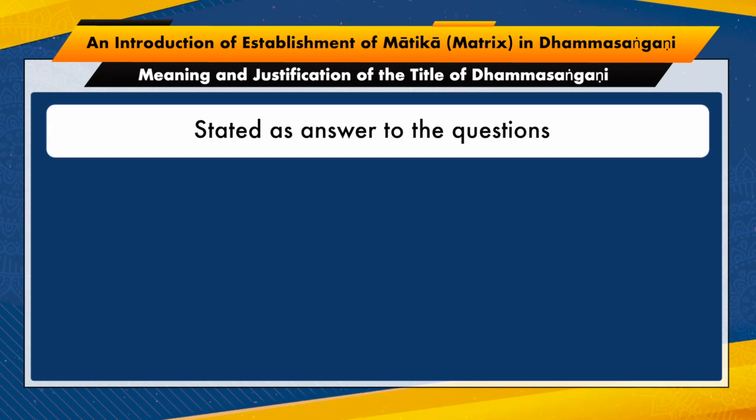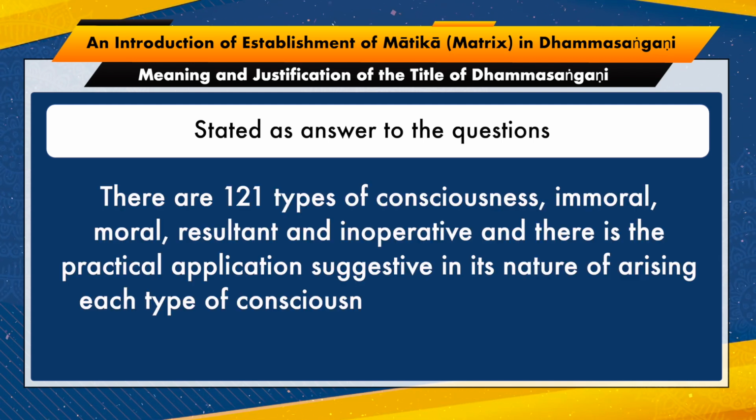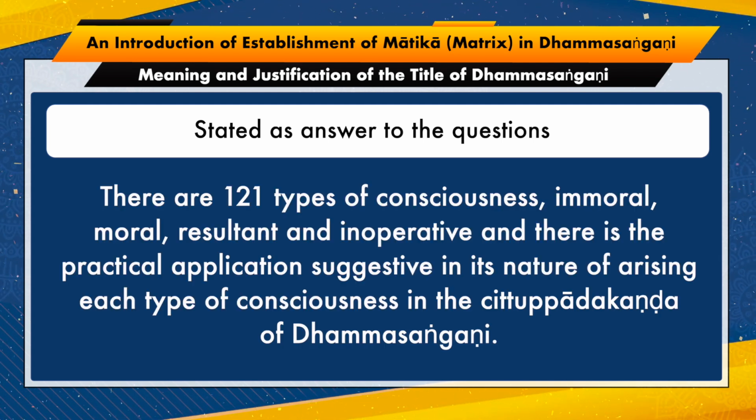As the answer to this question, it has been stated that there are 121 types of consciousness, immoral, moral, resultant and inoperative, and there is a practical application suggestive in its nature of the arising of each type of consciousness in the Chittupad Kanda of Dhammasaṅgaṇi.